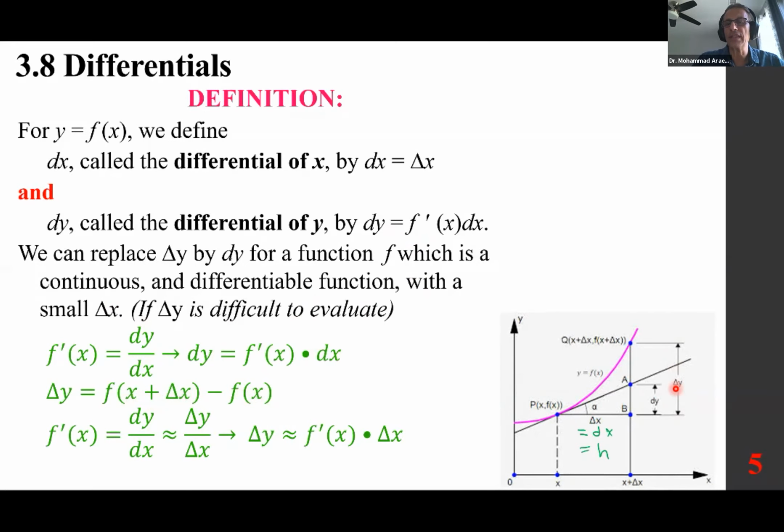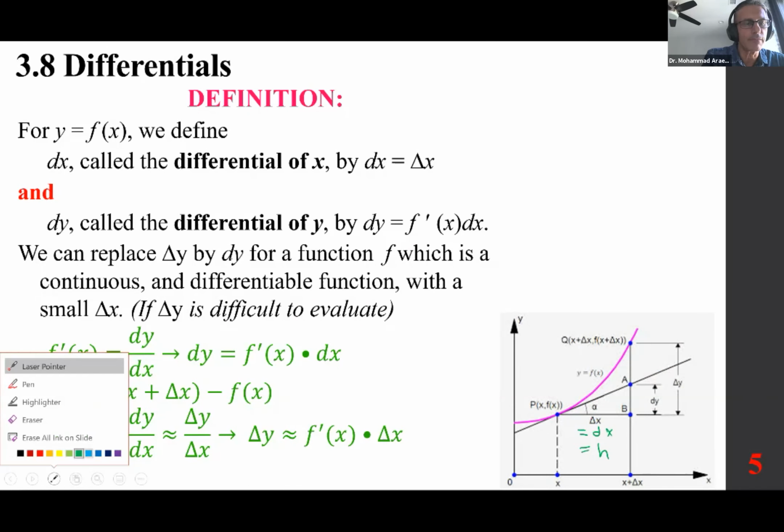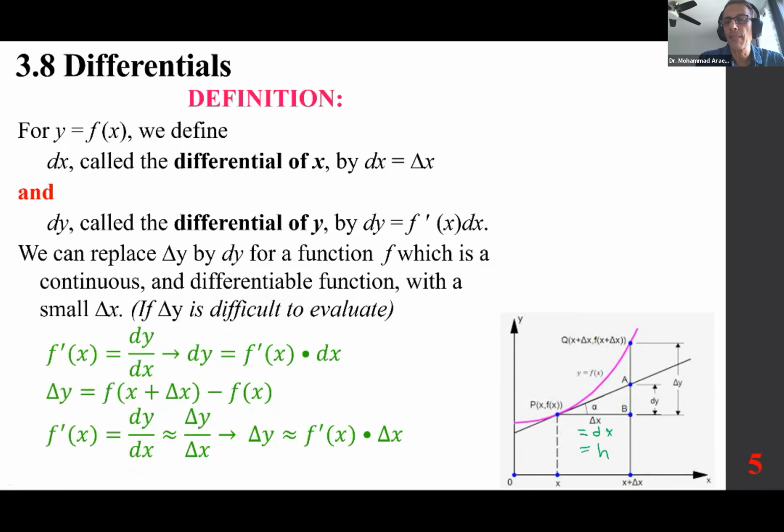Delta y is the change along the curve, the rise along the curve, which is the distance BC.